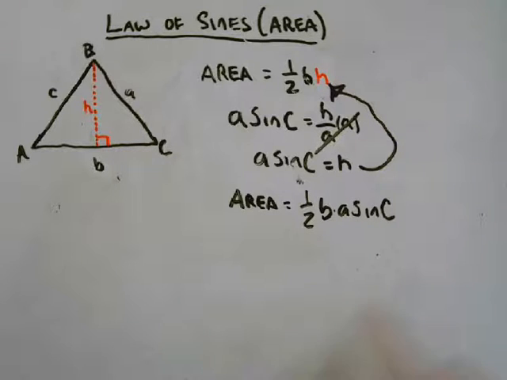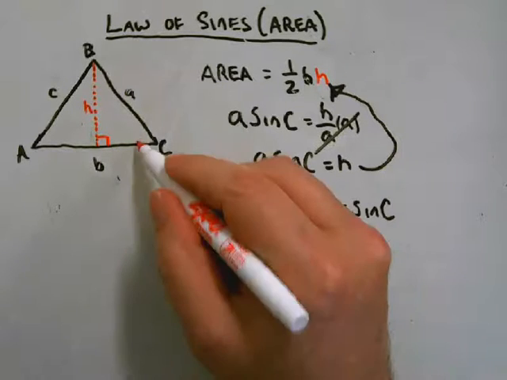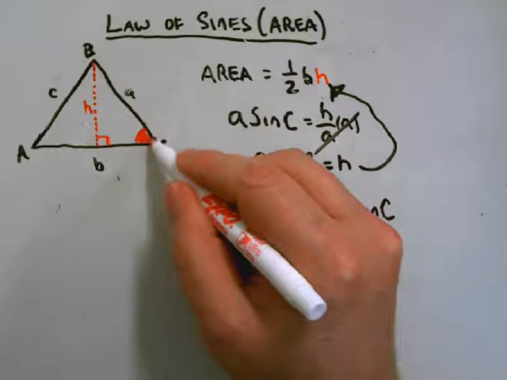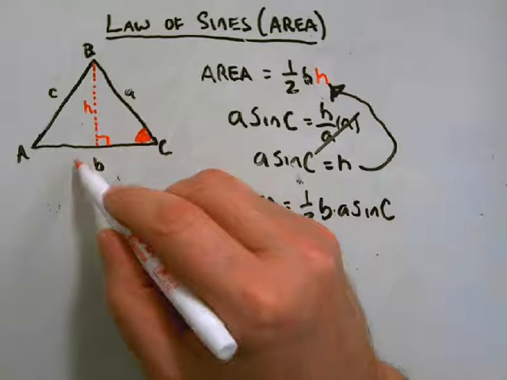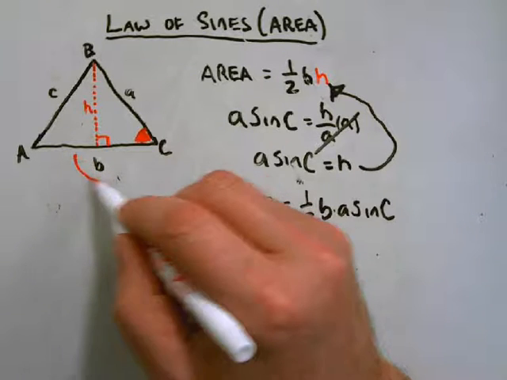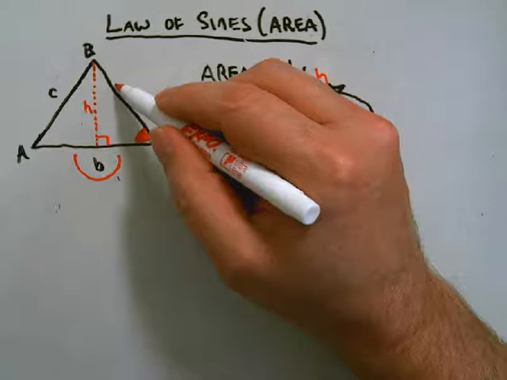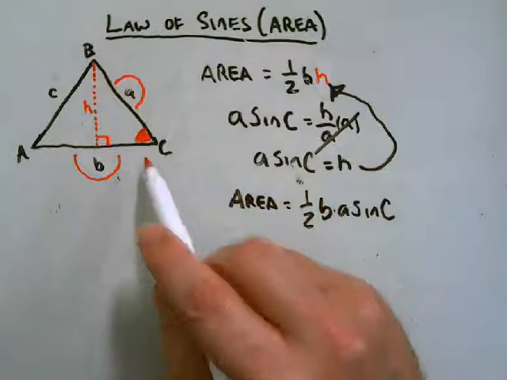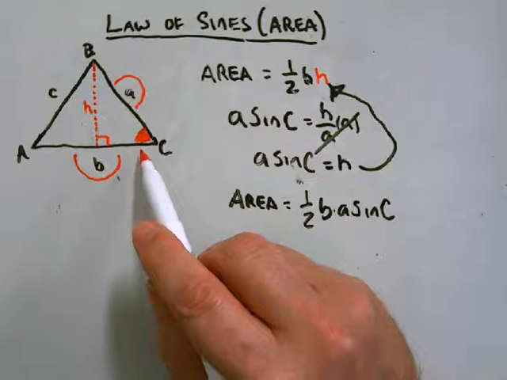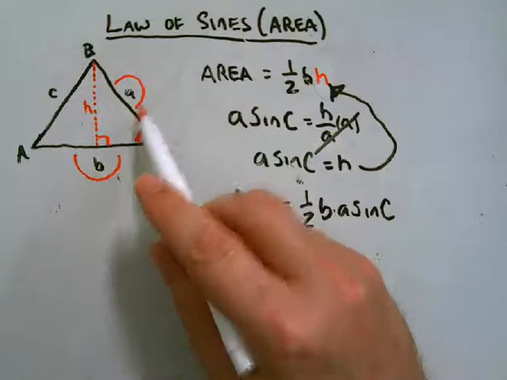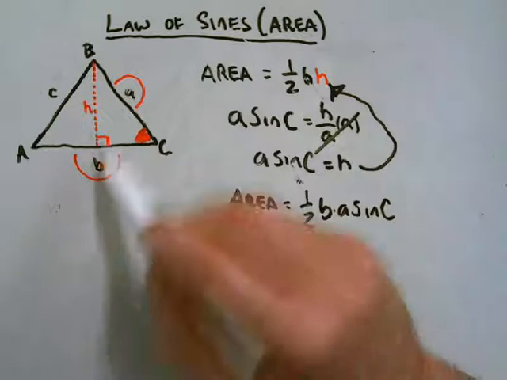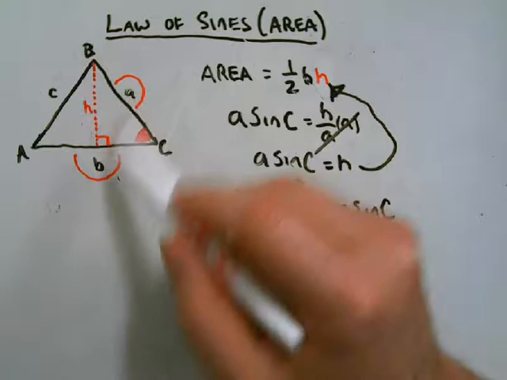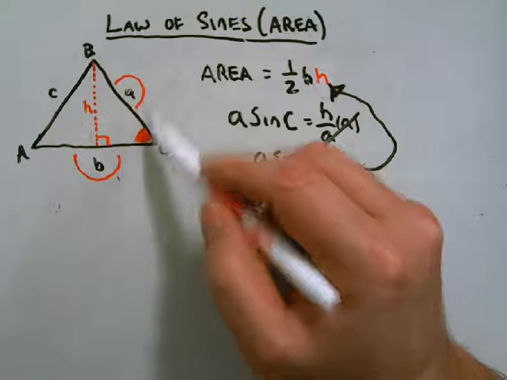Now, what do we need to know for this formula? Well, obviously, we're going to have the angle C, and we're also going to have this side and this side. So what we're really talking about here is the included angle between the two sides that you have. So in order for this to work, you do have to have this setup where you have the included angle between the two sides that you know.